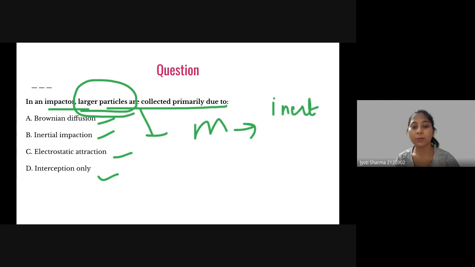If it is moving in one direction, then it will not change the direction. It will be impacted here only, and that's how it will be deposited. So inertial impaction is very useful for the large particle deposition.